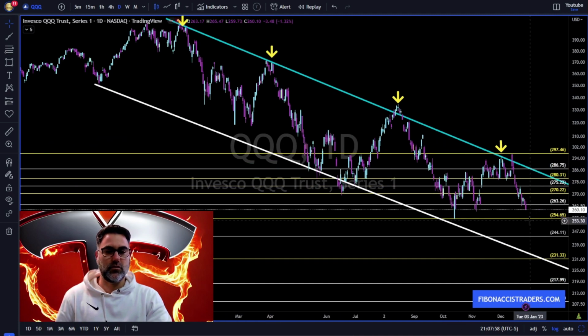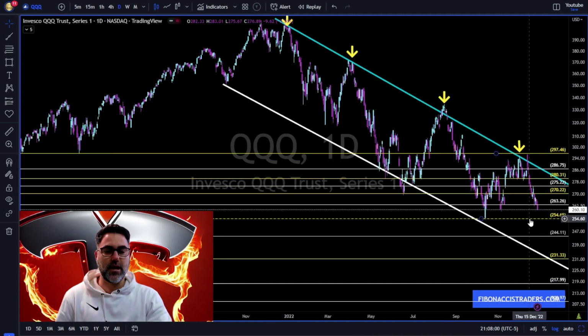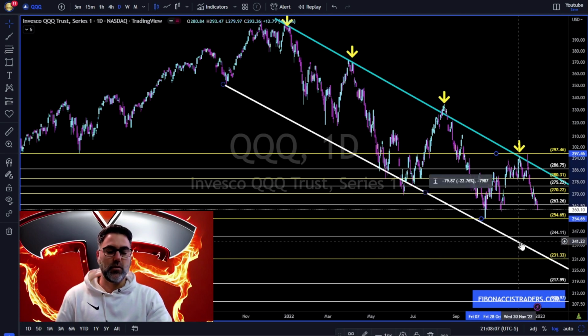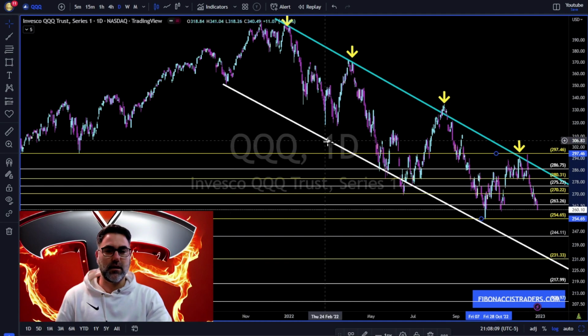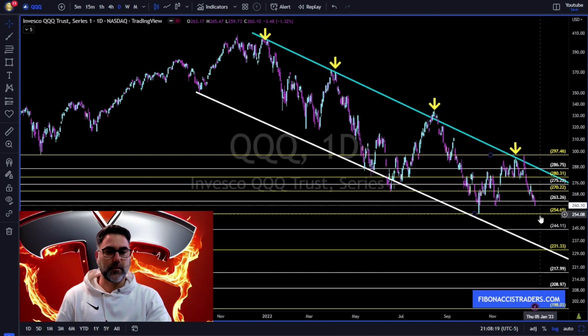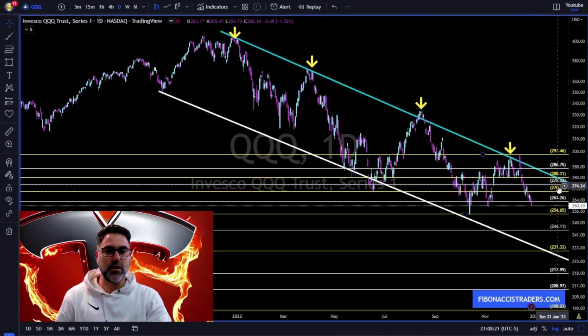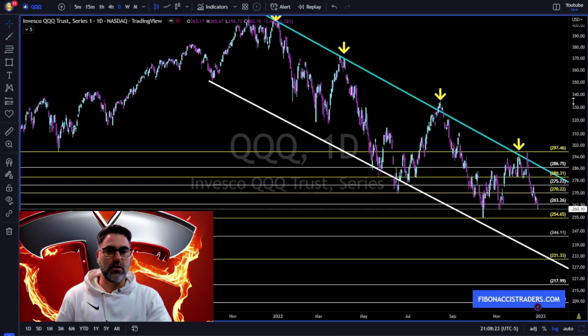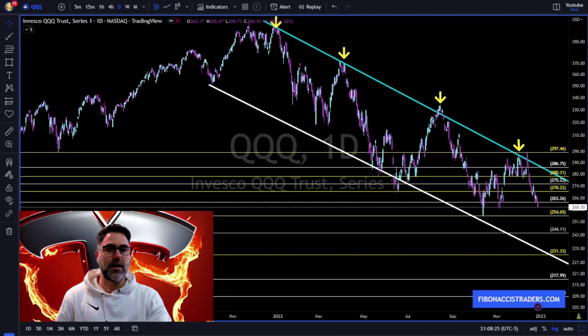So if 254 will break to the downside, we will see 244 and also 230 together with this trend line. This trend line holds the lower lows of the QQQ since October 2021. Keep your eyes on these levels to the downside because no trend reversal in sight.